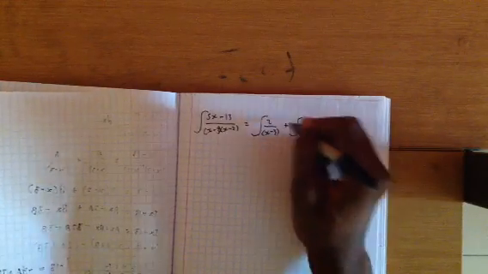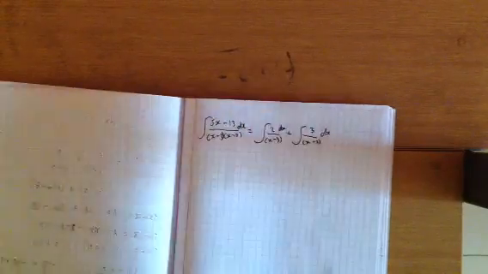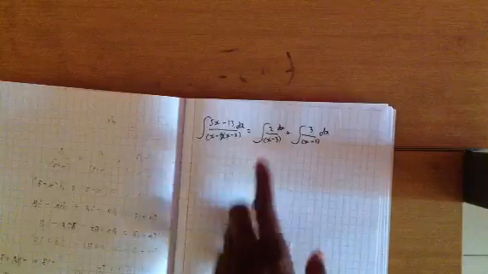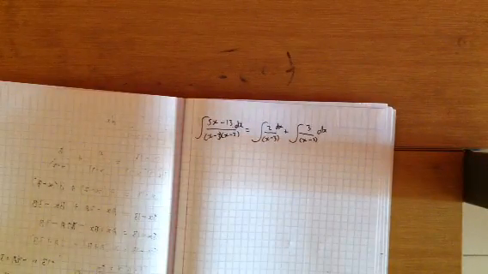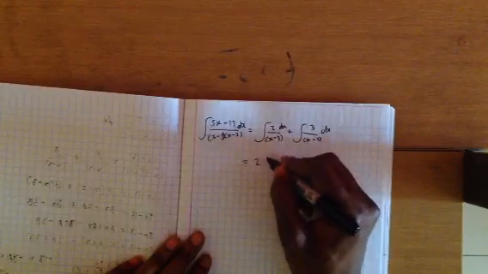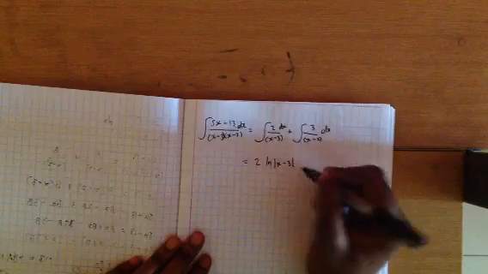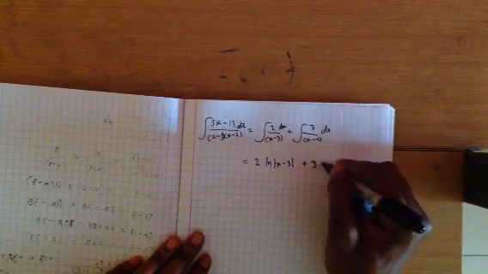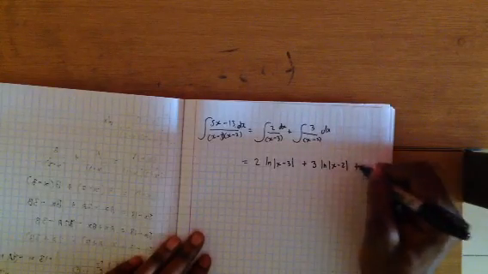Don't forget the dx. By our integration rules, if we integrate a fraction like that, we go straight to the natural log. So our answer will be 2 ln of x minus 3 plus 3 ln of x minus 2 plus c.